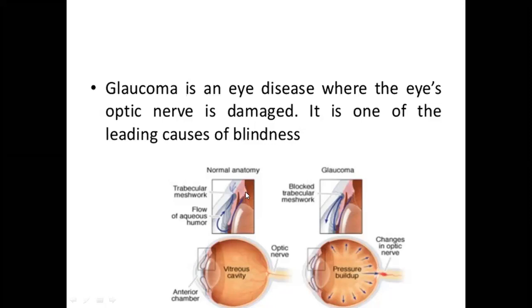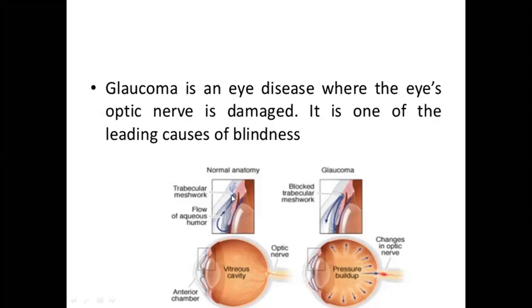Aqueous humor is produced by the ciliary body, released into the posterior chamber first, then through the pupil it enters into the anterior chamber, and the canal of Schlemm is present between the iris and the cornea. Here the trabecular meshwork is present, in which the episcleral vessels are there, which actually drain the aqueous humor and transfer it into the blood circulation.